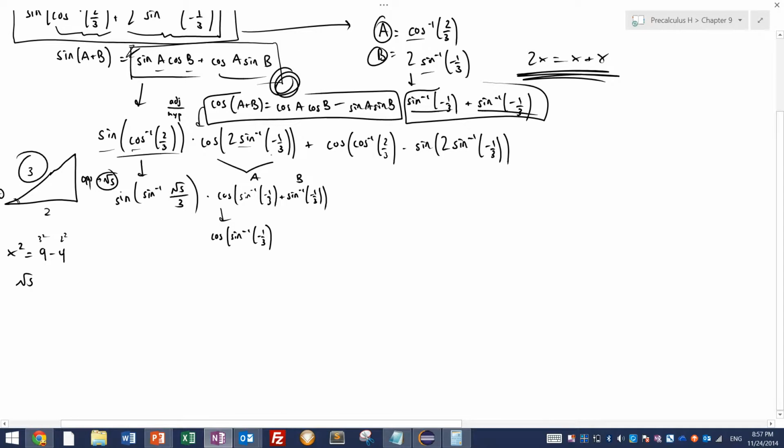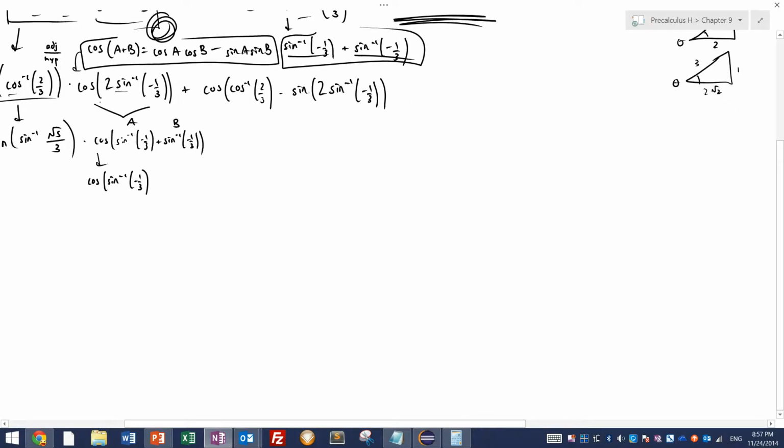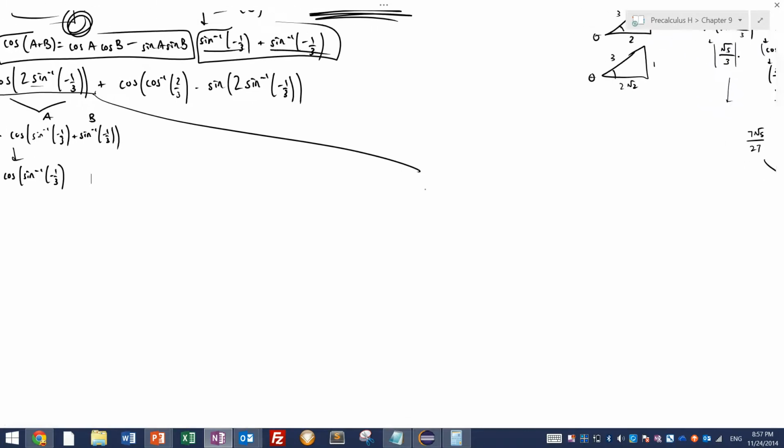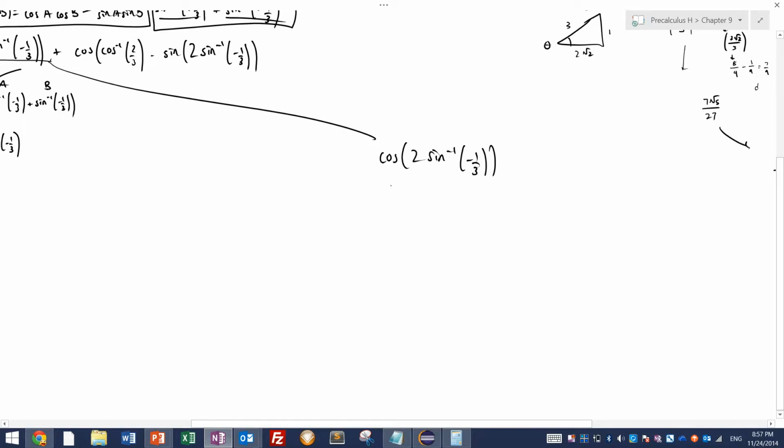Essentially what we're doing is, if I can take this specific part and move it over here, just grab this specific section and show you exactly what's happening. So we did write that it's going to be, sorry to be repetitive, the cosine of arc sine negative 1/3 plus arc sine negative 1/3, and that's the same as 2 times arc sine negative 1/3.